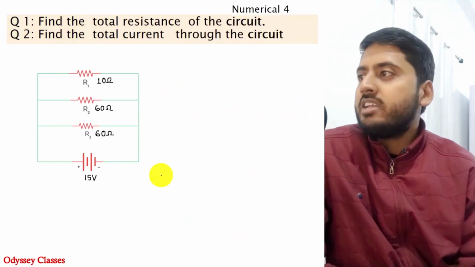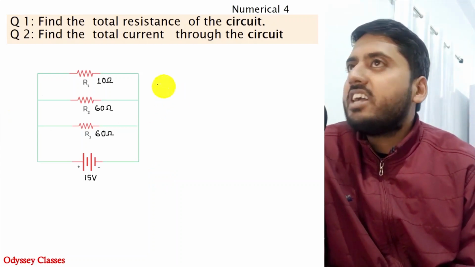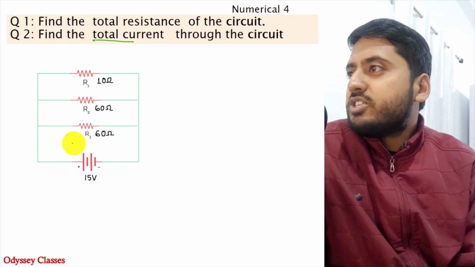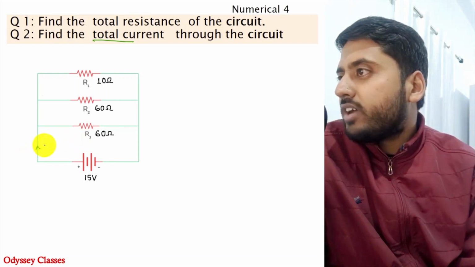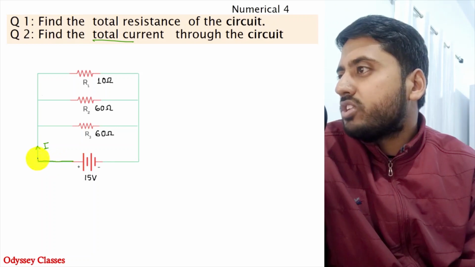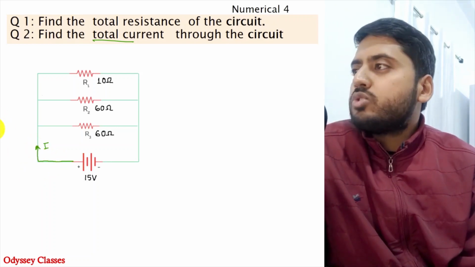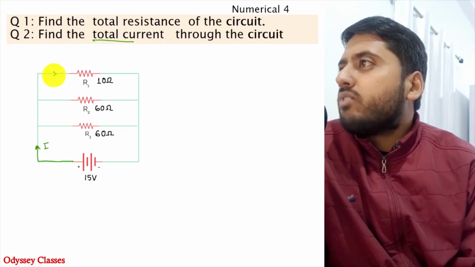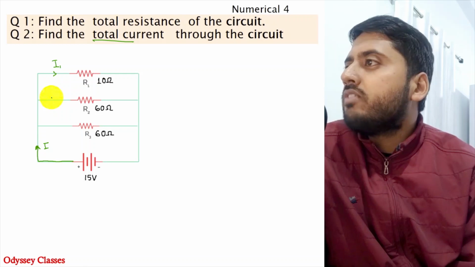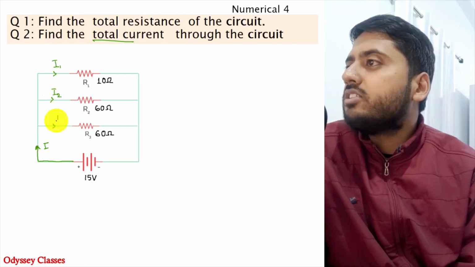Question number 1 is to find the total current through the circuit. This is what we are supposed to find, the total current that is coming out from the source here. For this, we know I1, the current flowing through R1. Then we also know I2, the current flowing through R2, and then I3.